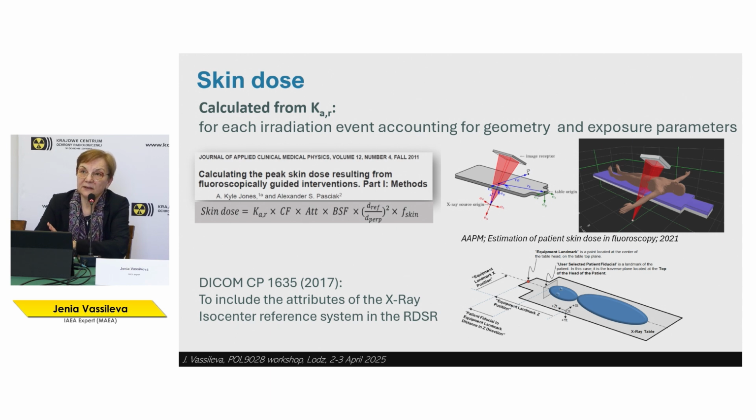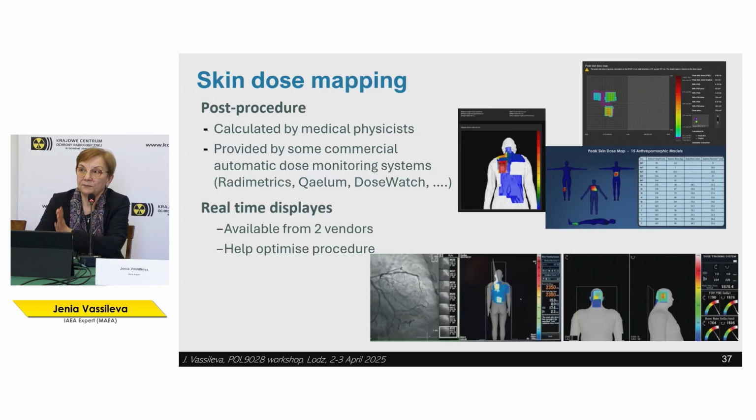And what this algorithm uses is the DICOM structured report with all the information about the individual radiation events. Using this information for the procedure, the technical factors, and the orientation of the beam, it could be calculated by medical physicists, but of course it's much better if it's calculated by dedicated software.